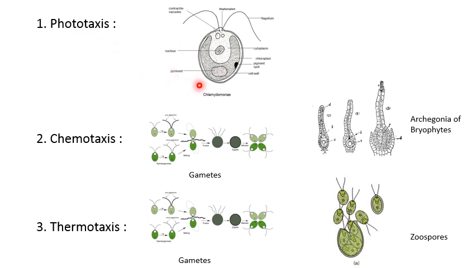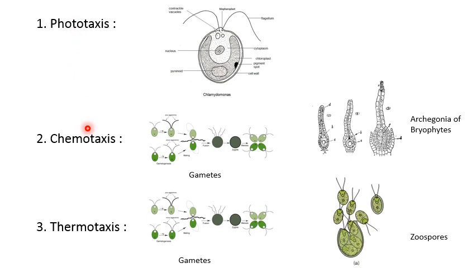They have a photosensitive spot known as stigma, and when light falls on them, the entire cell can move towards light or move away from light. So this is phototaxis.